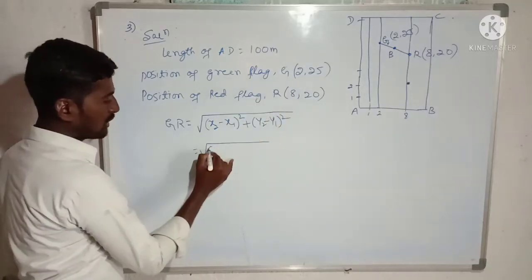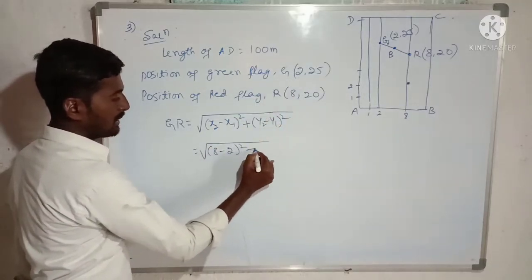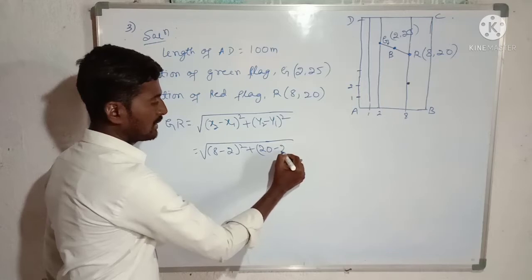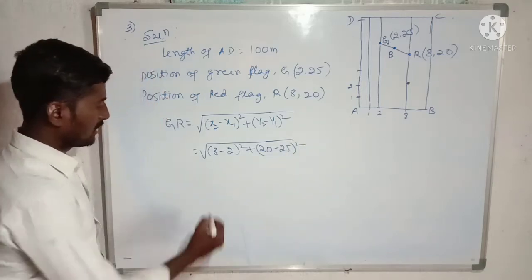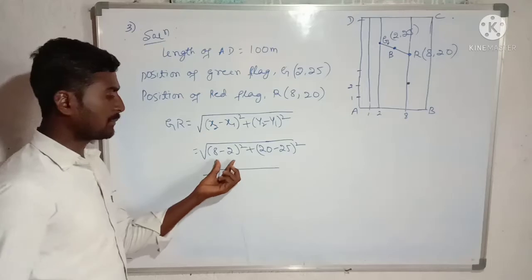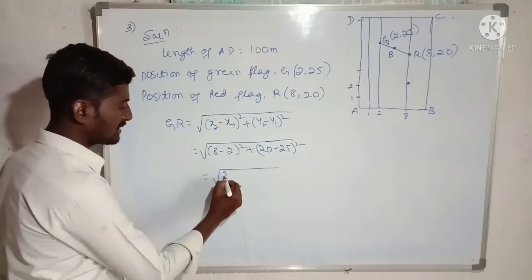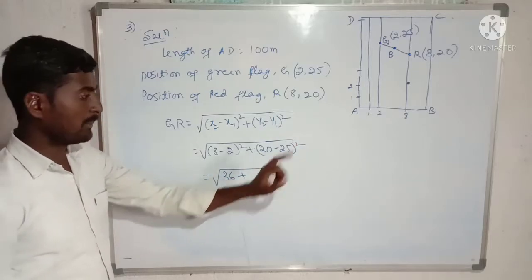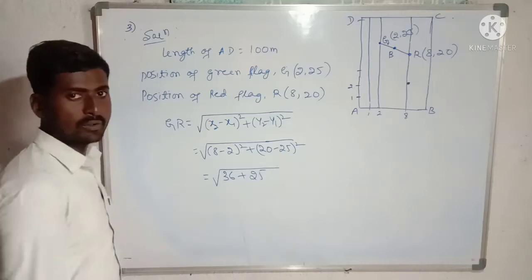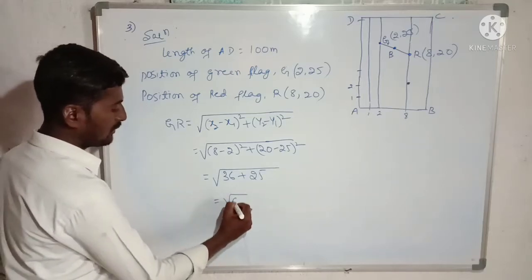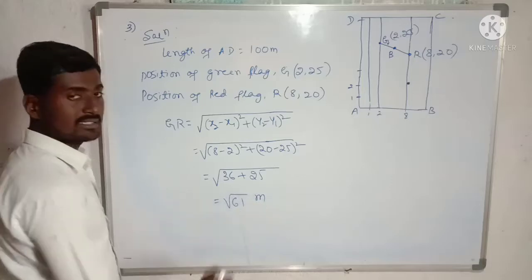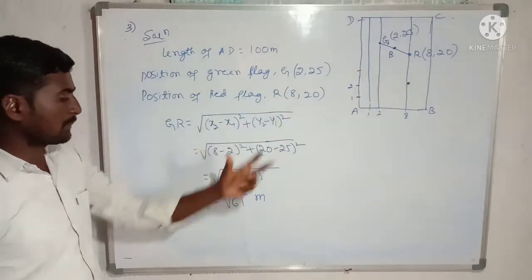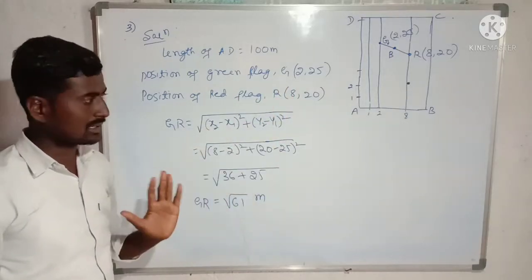Under root of 8 minus 2 whole square plus 20 minus 25 whole square, which equals under root of 6 square, that is 36, plus minus 5 square, that is 25. So this is square root of 61 meter. So the distance between the green flag and the red flag is square root of 61 meter.